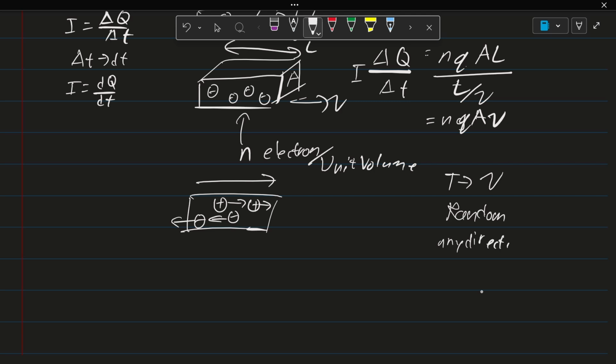Even though it has an average value, its direction is random, so if you sum them all up, it will be pretty much zero. This is what you call the thermal velocity, v thermal. But there's also something you call the drift velocity, in which the entire bulk material tends to move in a certain direction. That's the drift velocity. You can determine that the maximum for v_d is v_th. This is a relation you can gain by comparing the drift velocity as well as the thermal velocity.